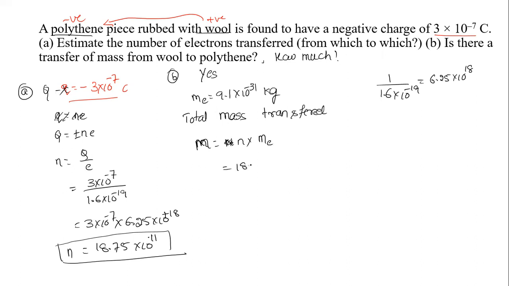The number of electrons is 18.75 into 10 power 11, into 9.1 into 10 power -31. So we have to multiply this.